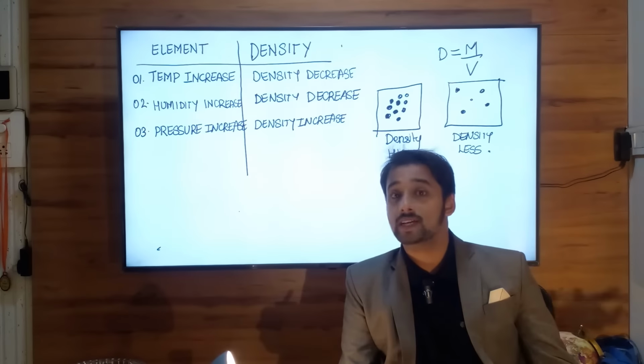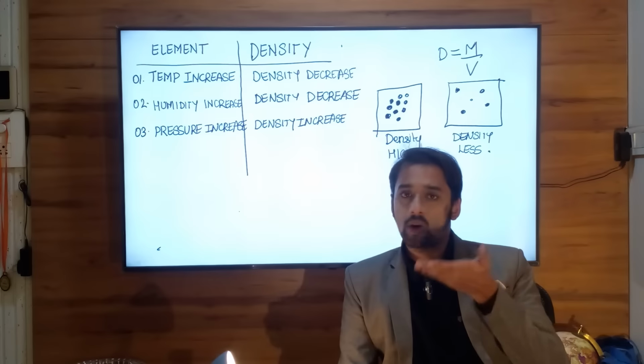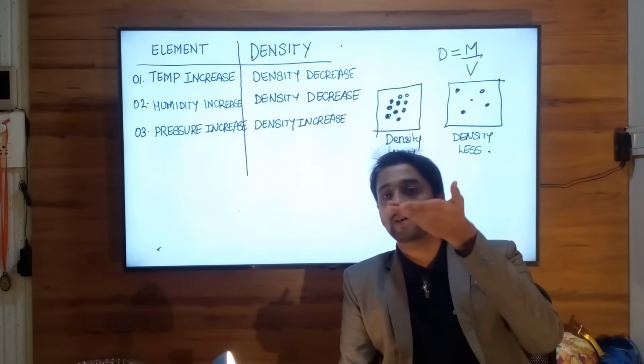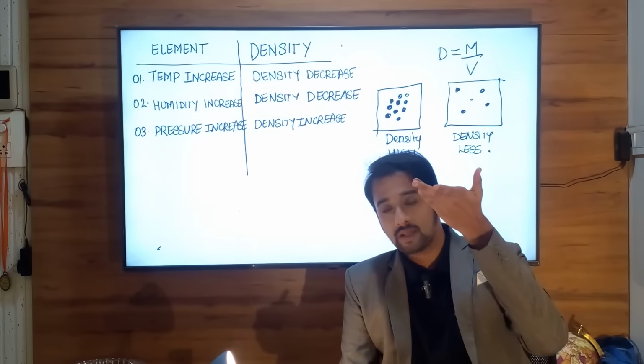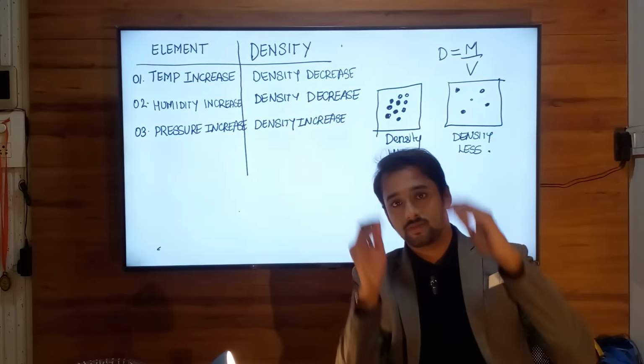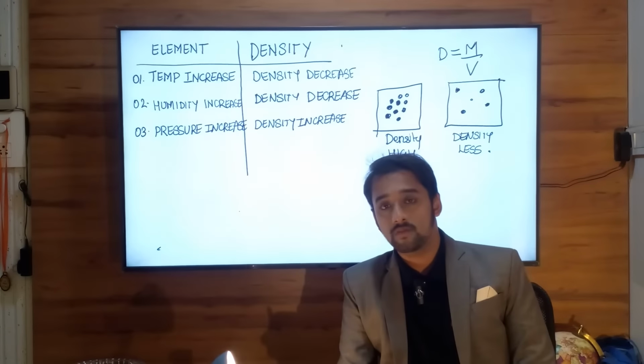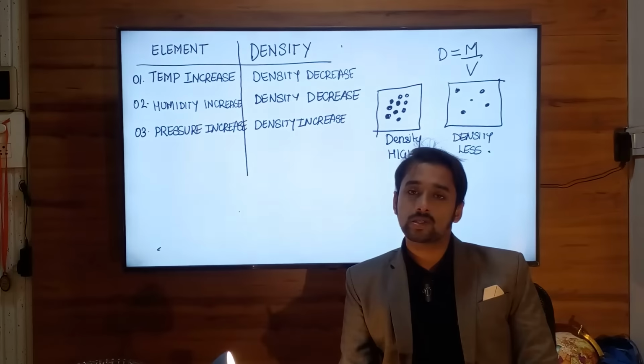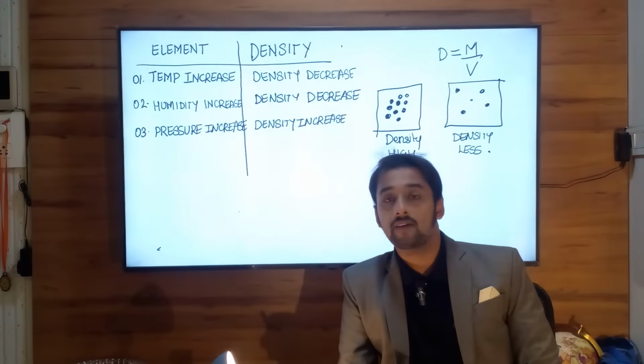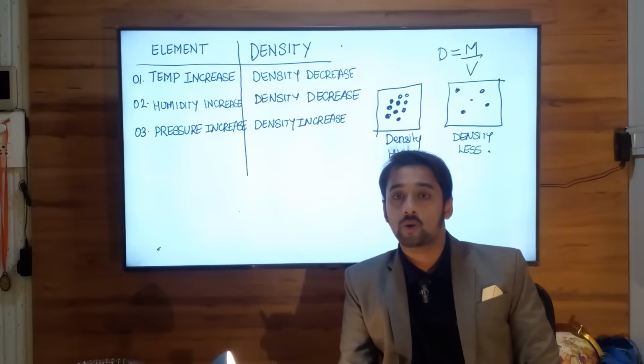Volume goes on expanding. Any object you take, when it goes higher and higher up in the atmosphere, what happens to its volume? It increases. You can check on YouTube. There are many videos in which passengers in aircraft have taken a packet of Lay's or Kurkure.